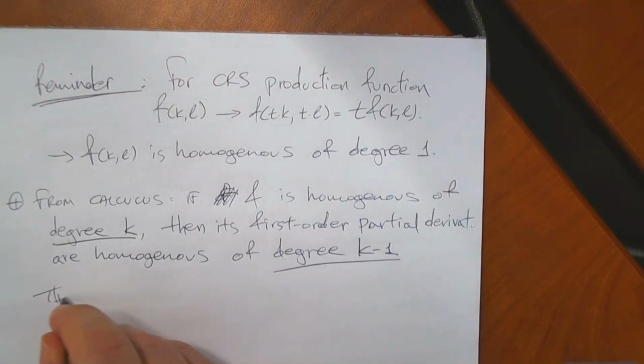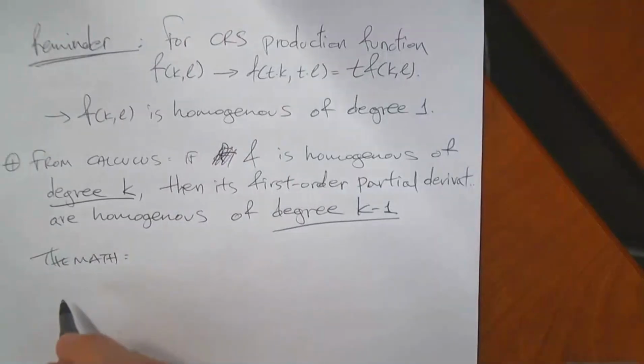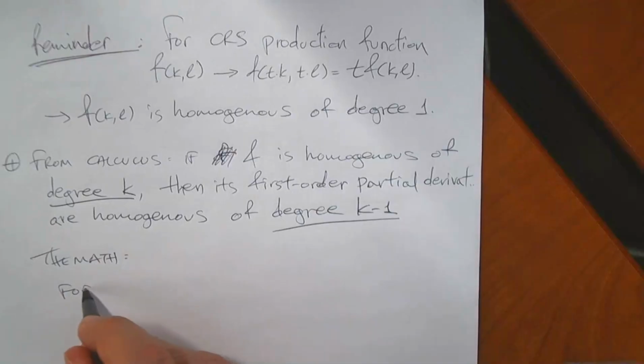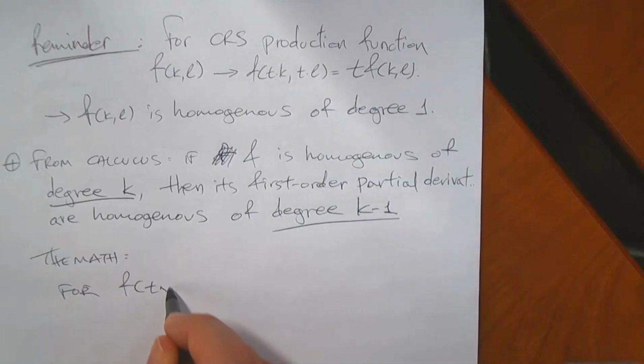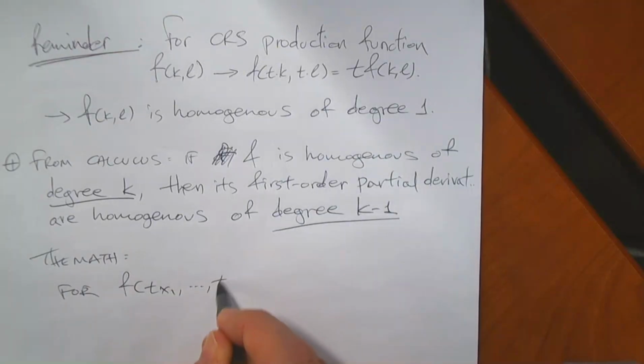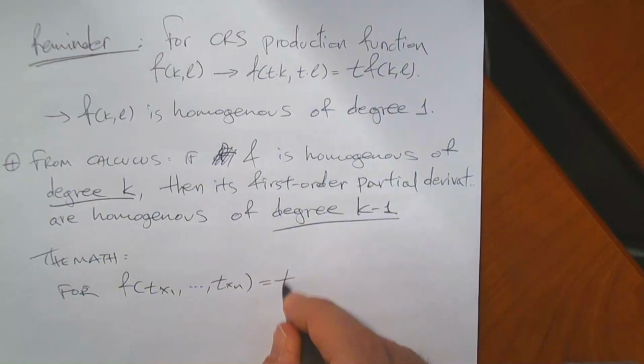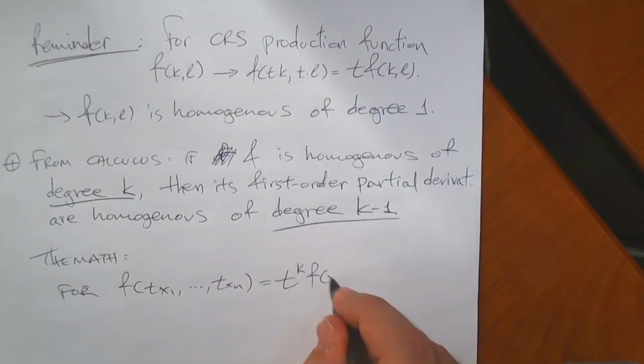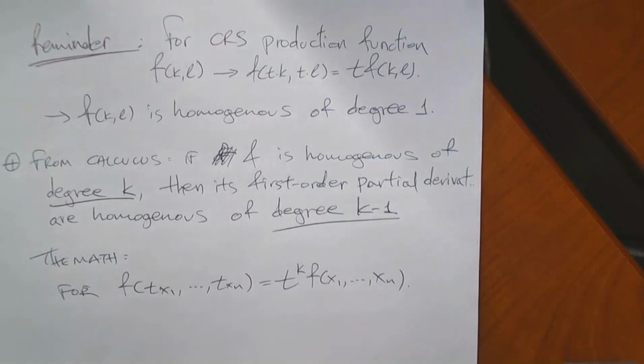So here I'm going to say the math. Let's say f of tx1 all the way to txn is equal to t to the k times f of x1 to xn. That should be convincing us that we have a function that is homogeneous of degree k.